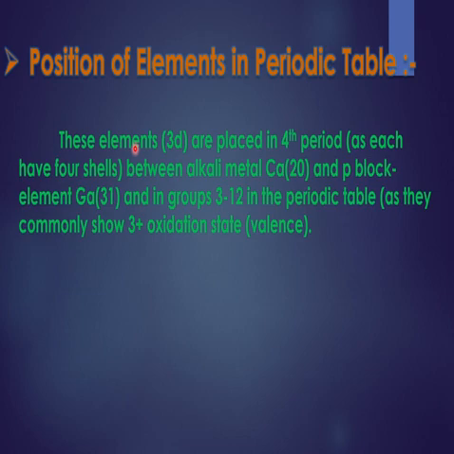These elements are placed in the fourth period as each has 4 shells, between the alkali earth metal calcium 20 and the P block element gallium 31, and in groups 3 to 12 in the periodic table, as they commonly show +3 oxidation state, that is valence.